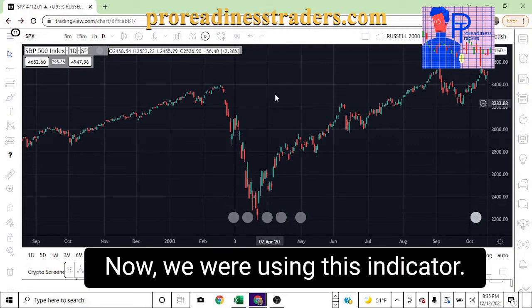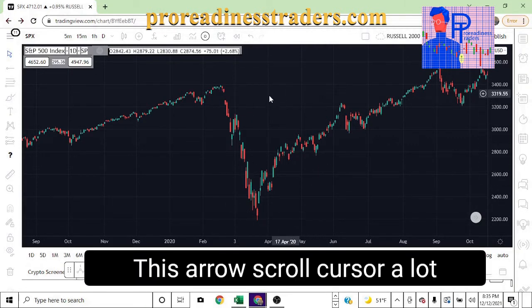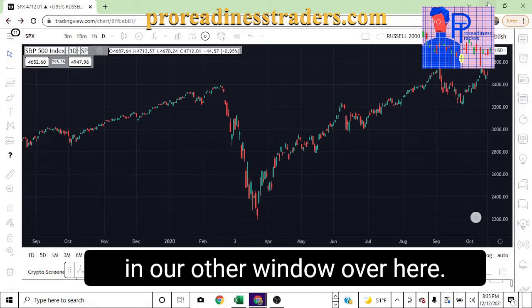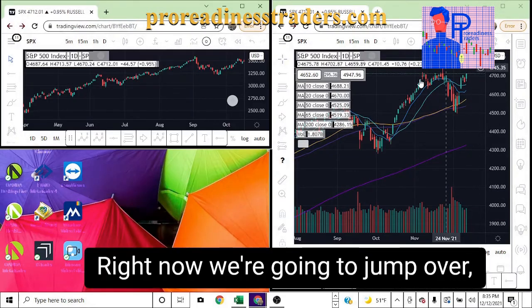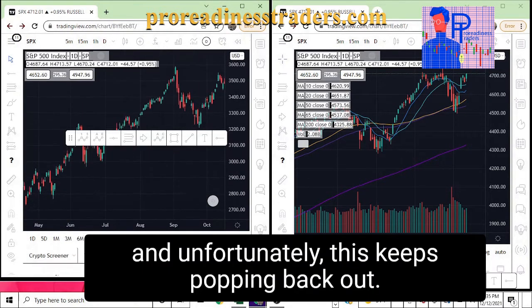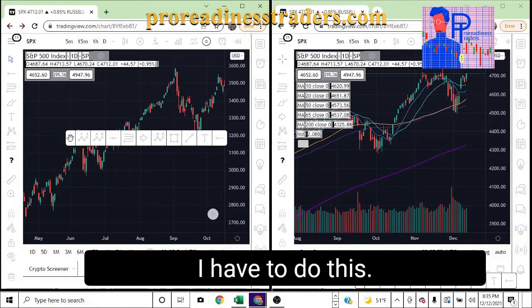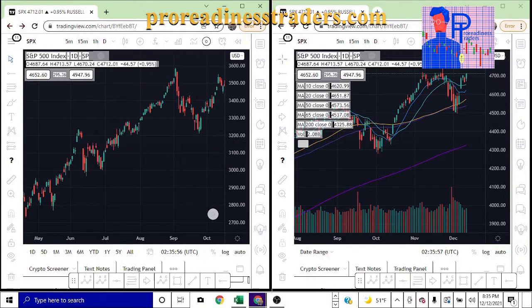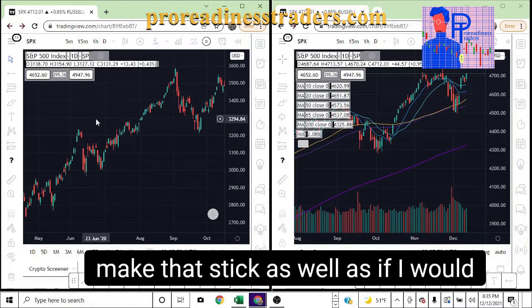We were using this arrow scroll cursor a lot in our other window over here, right? Now we're going to jump over, and unfortunately this keeps popping back out, and I have to do this. A lot of you may know how to make that stick.